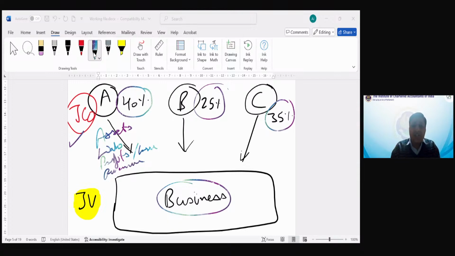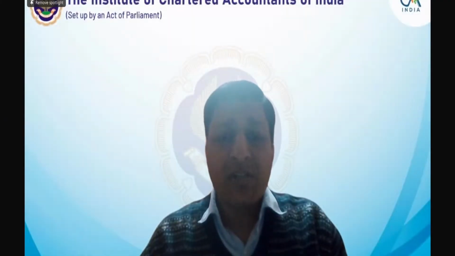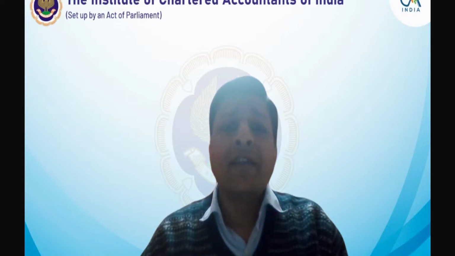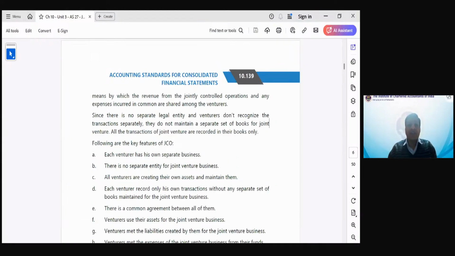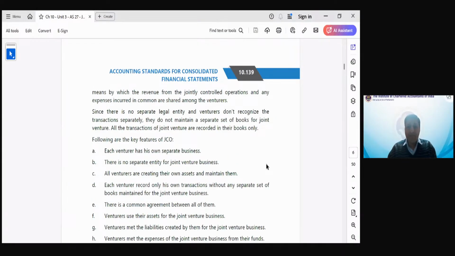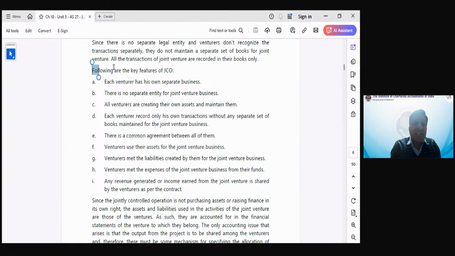In case of a JCO, now let's look at the features, the requirements of a JCO which you will find. In case of a JCO, each venturer has its own separate business.